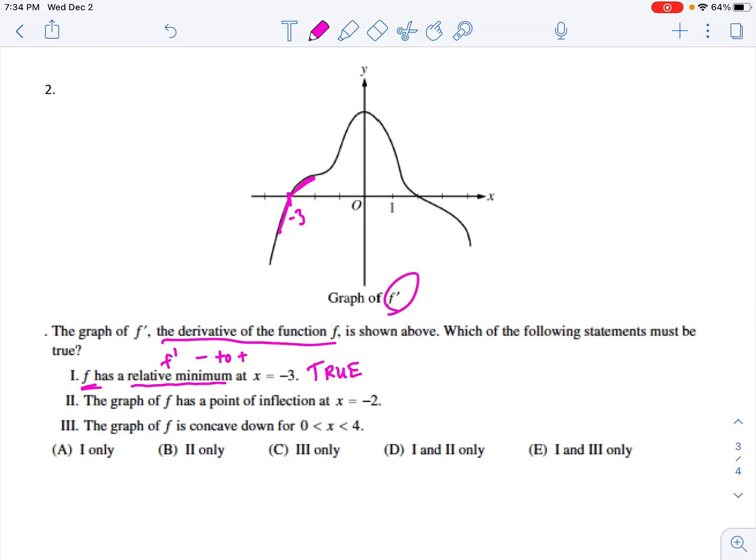Second question, the graph of f has a point of inflection at -2. Okay, so point of inflection, right, is what we said before. It's where f prime has a maximum or minimum, right?